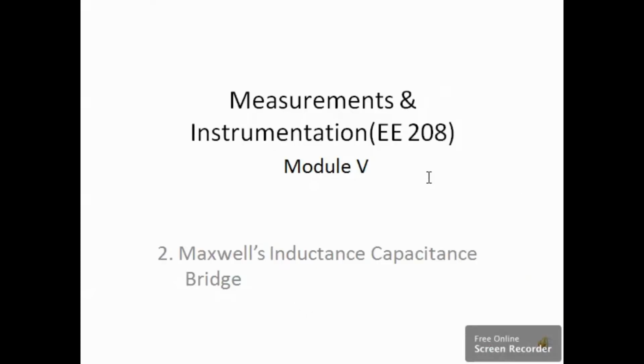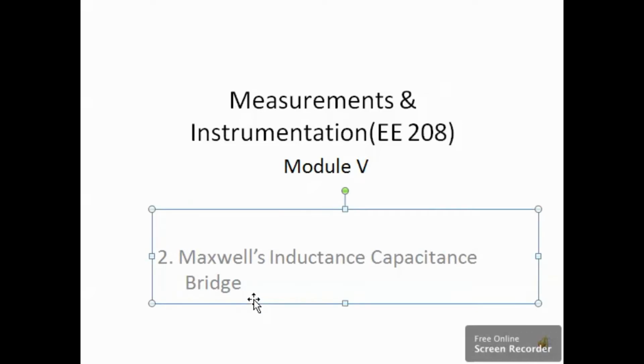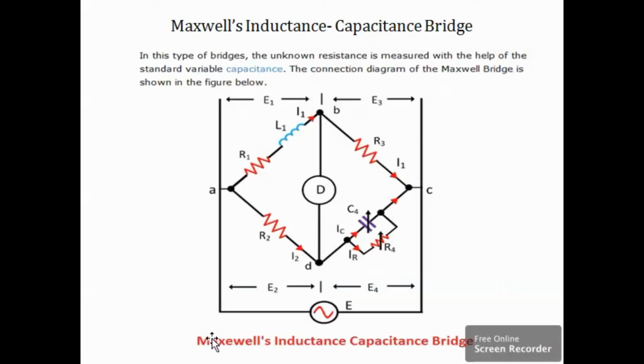Dear students, welcome to the online teaching session of Maxwell's inductance capacitance bridge. In the previous video, we have discussed Maxwell's inductance bridge. Here, this one is the Maxwell's inductance capacitance bridge.